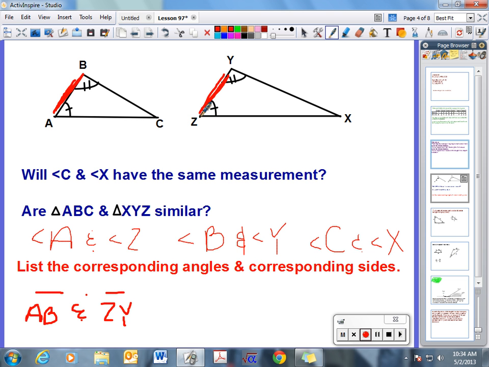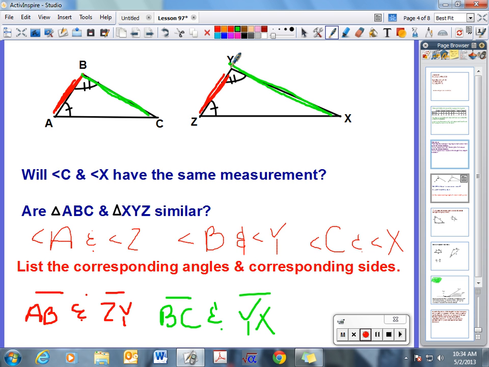All right. Another set of corresponding sides would be BC and YX. I'll mark those in green. Those are the long sides coming out from our second set of congruent angles down to the ones that we did not know at the beginning if they were congruent. We know that they are now.